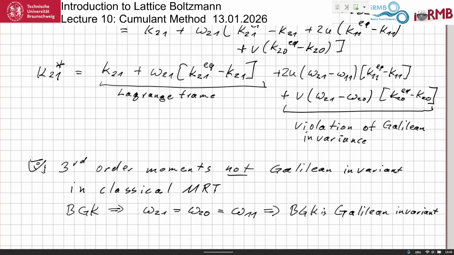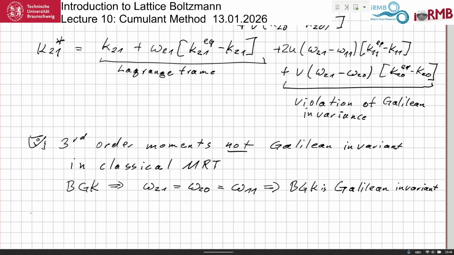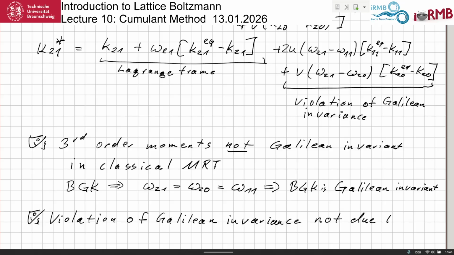So the other thing that I've just said, but I wanted to write down, is that the violation of Galilean invariance is not due to discretization.